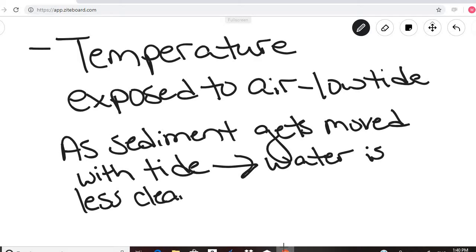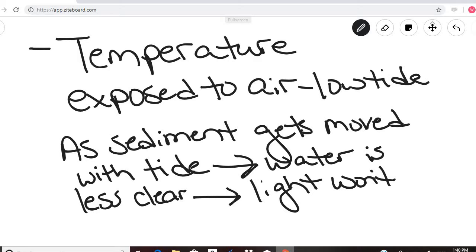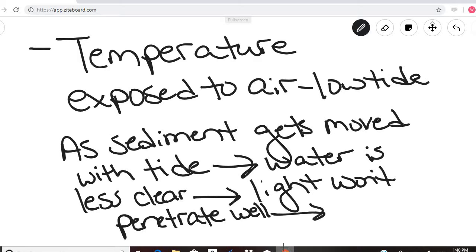And because that water is less clear, that means light won't penetrate as well. And if light isn't penetrating, that means that photosynthesis is affected.